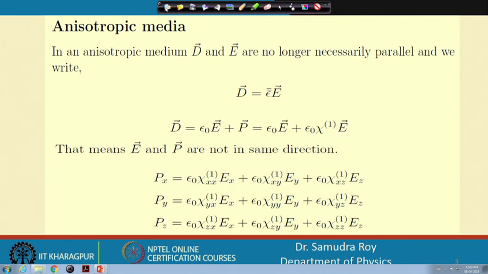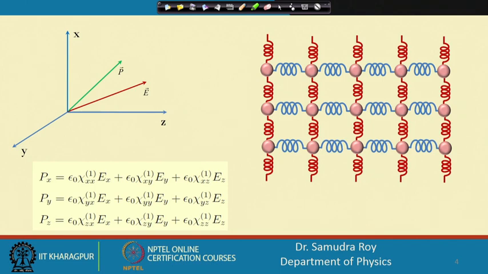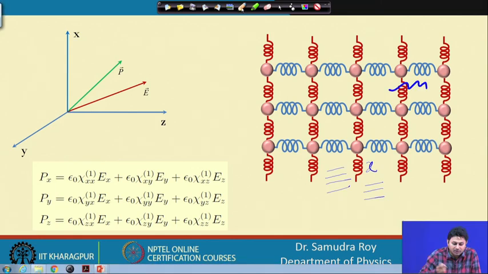So, let us go to the next slide. This is also a figure that we have shown. In the left-hand side figure, the applied electric field and polarization are not in the same direction, they are not collinear, and the reason is shown in this figure.